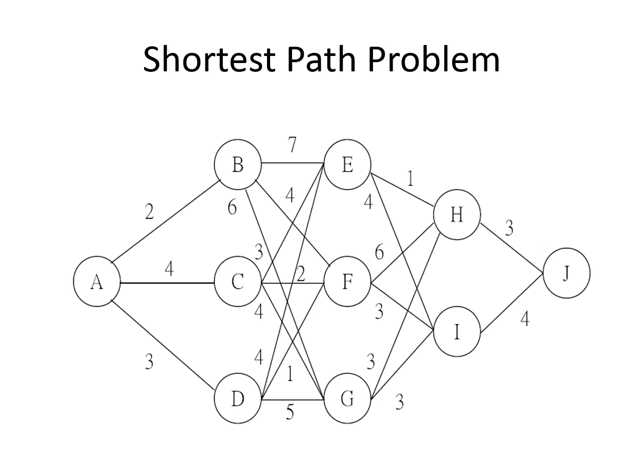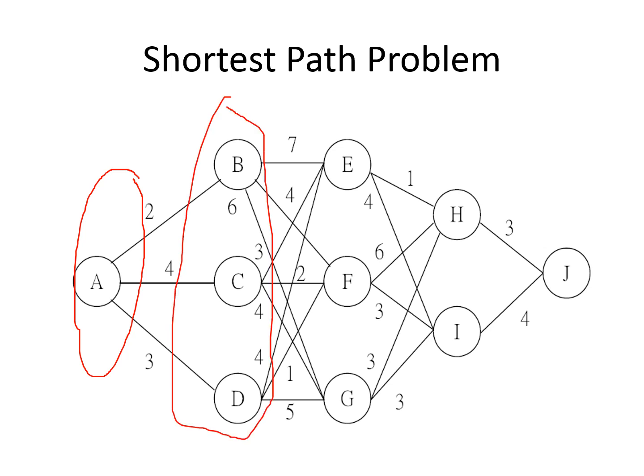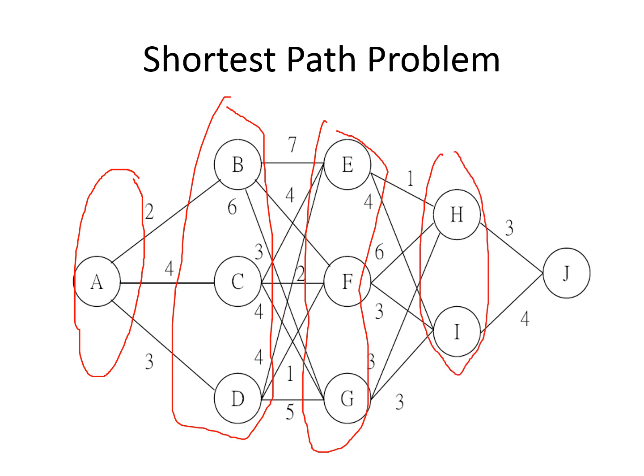Two important terms are necessary to identify in DP: stages and states. A stage is defined as a collection of states. Here in this slide we see 5 stages. That's one state. That's one stage. Another stage 2, stage 3, stage 4, and stage 5. So there are 5 stages. Each stage consists of one or more states.